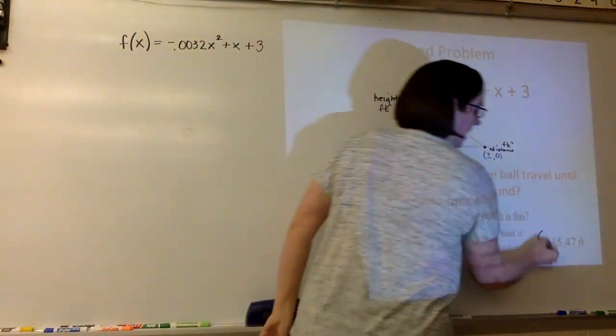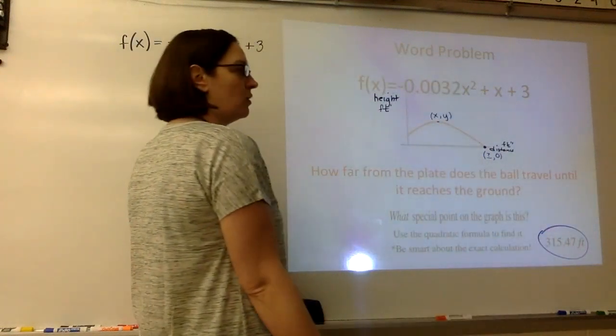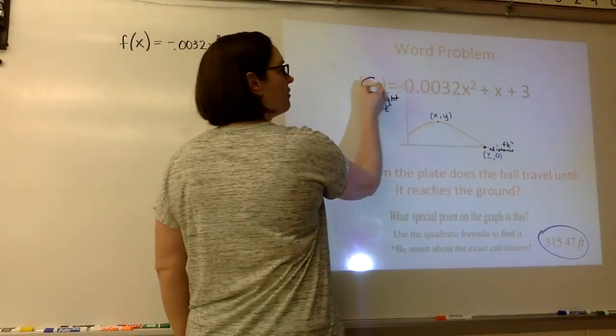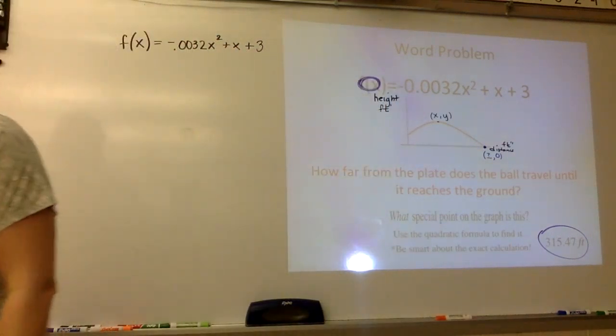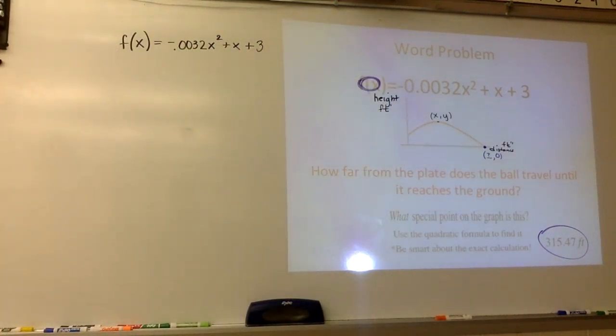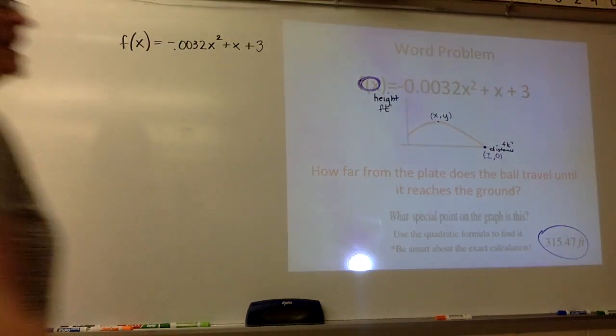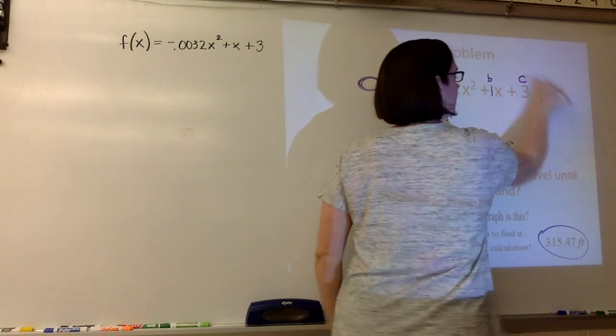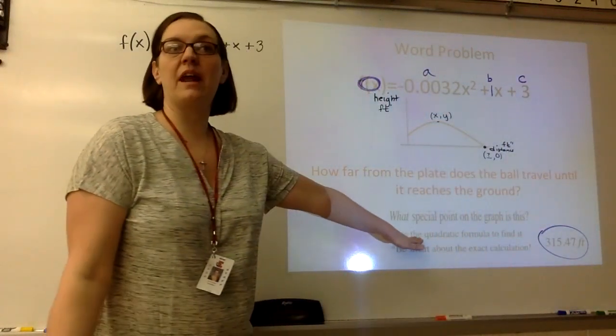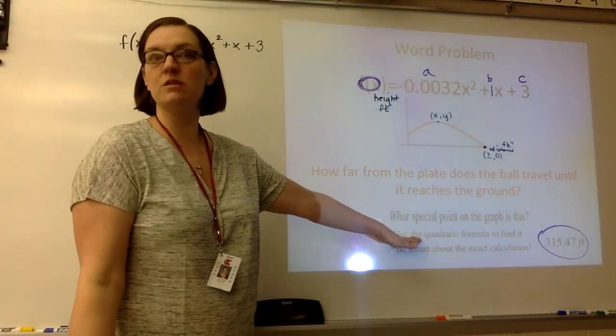the answer you should get is 315.47. Well, how the heck did you get that? If I replace f of x, which is my variable that represents y, because I'm dealing with function notation, and I go to solve this, again, this is a, 1 is b, c is 3, and we're going to go to the quadratic formula. You would need a calculator to do that.